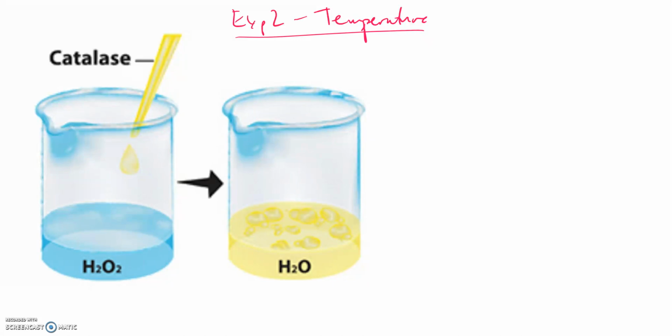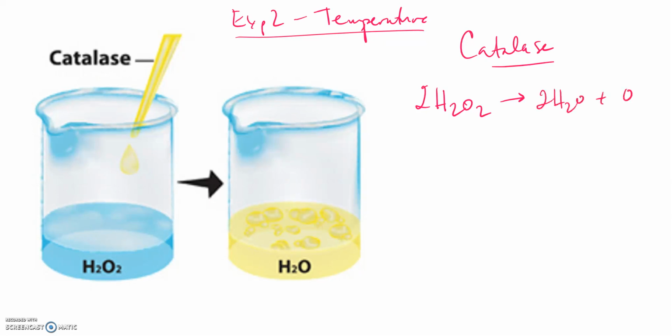They also have a certain range in which they are effective. And the enzyme in this particular experiment was catalase. Notice the ASE. Now it's important for us to know, what does catalase do? Well, it catalyzes this reaction of hydrogen peroxide into water and oxygen gas.